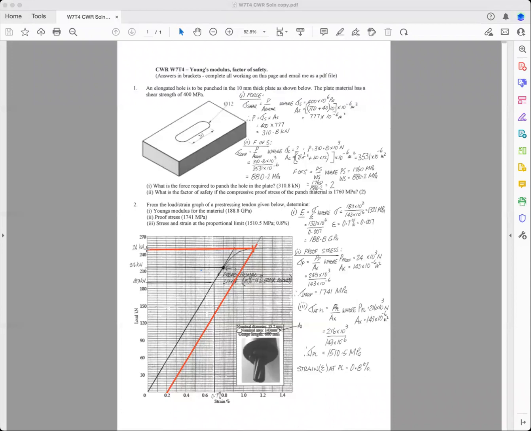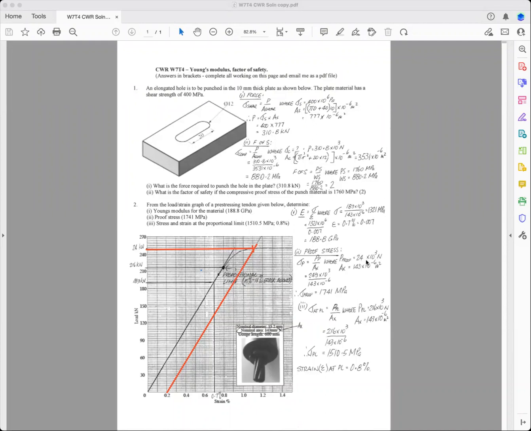you divide that by the cross-sectional area, which is 143.2. Yeah, so we've got it's about 249 there. So we've got 249. The proof stress is that should be 249 there.